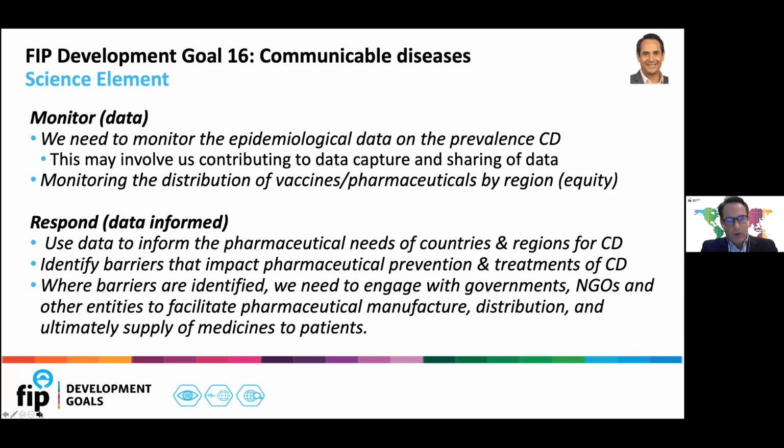We need to monitor the distribution of vaccines and pharmaceuticals by region. Equity is a very important point here, and we are witnessing right now with the pandemic, regarding the production, the distribution, the access to COVID-19 vaccines, that equity is not there.